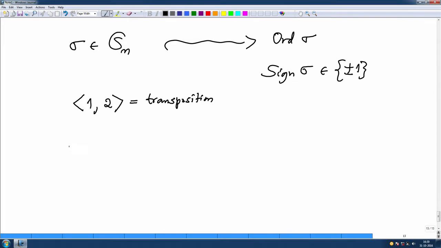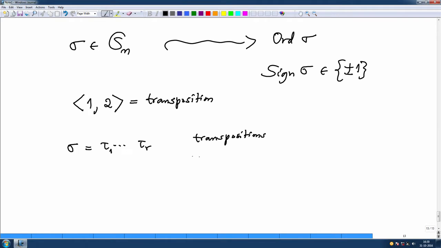So, given any permutation sigma, I want to decompose it into cycles, transpositions, tau 1 to tau r, transpositions, and count how many there are.